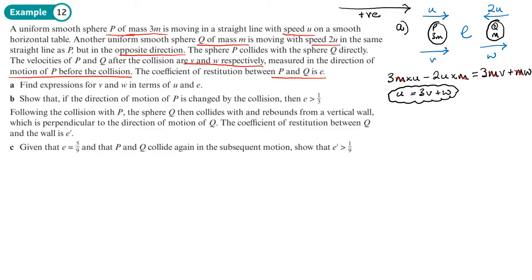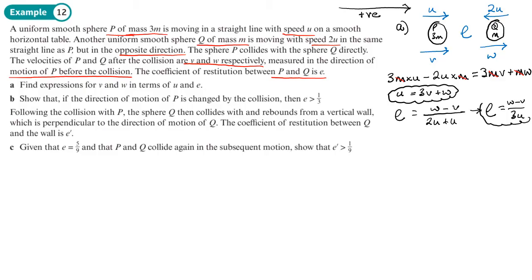Now the coefficient of restitution, that's going to be the speed of separation, which is w minus v, over the speed of approach, which is 2u plus u. So we have e equals w minus v over 3u.